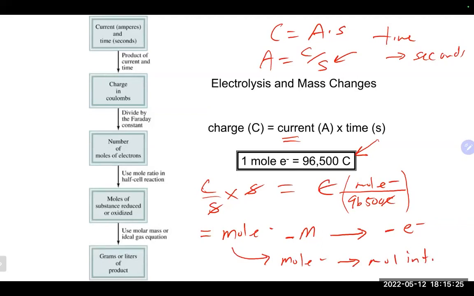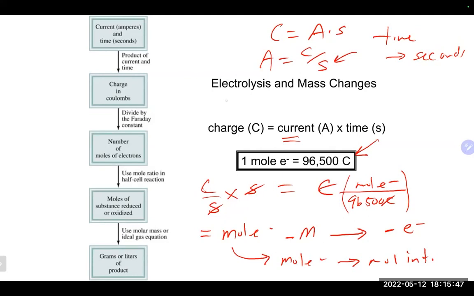The first option is they want to know, for example, how many grams you may collect. So once you get the moles of the element you're looking at, you can use the molar mass to convert it into how many grams that would be. Also, sometimes they're interested in how much volume of a gas you collect, like the hydrogen and the oxygen example.